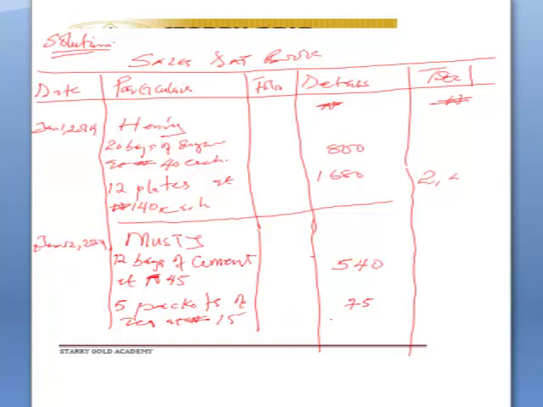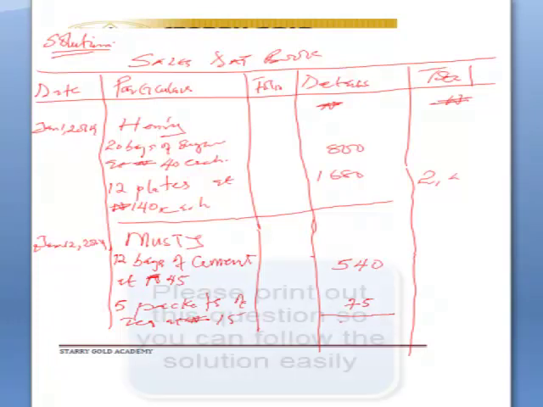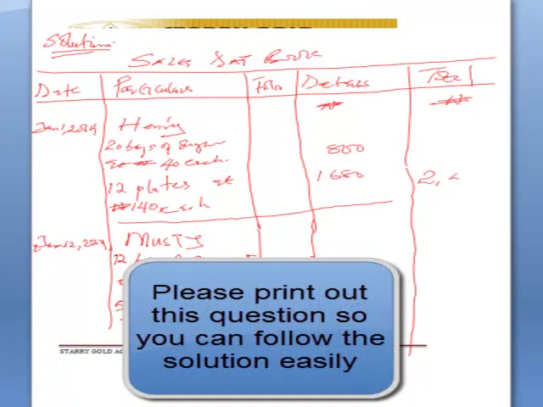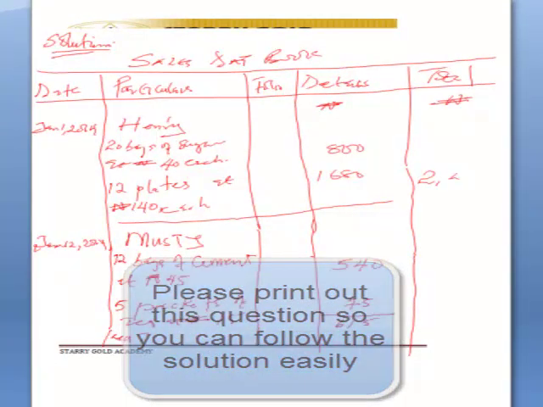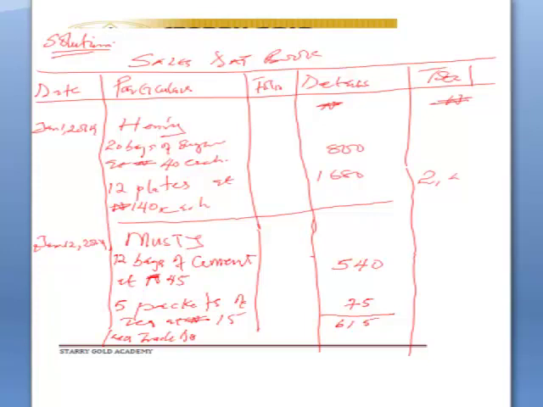If you total this, our total here is 615. Then less trade discount. Our trade discount is 10%.